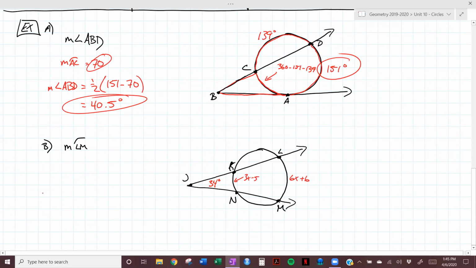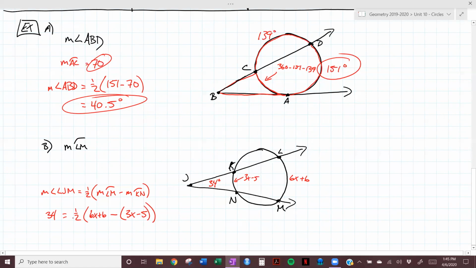So we know that the measurement of angle LJM is 1/2 the measurement of arc LM minus the measurement of arc KN, okay? So we have 34 equals 1/2. So arc LM is 6x plus 6 minus parentheses 3x minus 5.